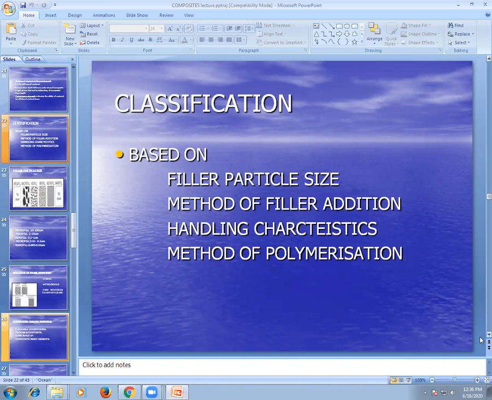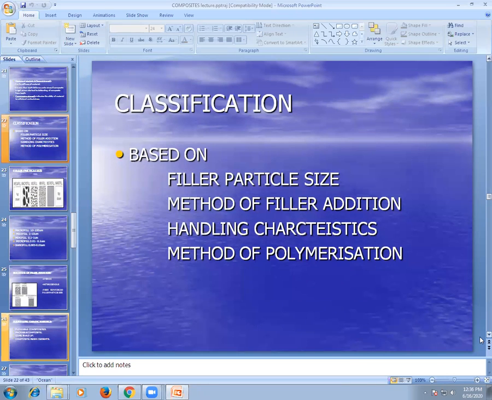So what is the difference between nanofilled and other composites? The filler size is very small. As the filler size is small, we can do proper finishing and polishing over the anterior restoration. Right? So for anterior restoration there needs to be a smaller filler size.